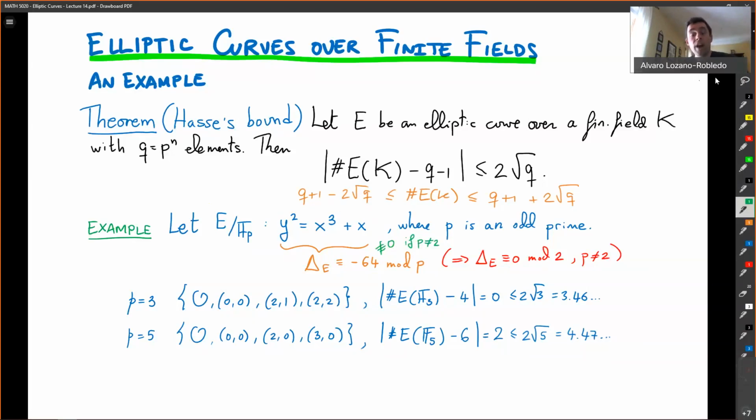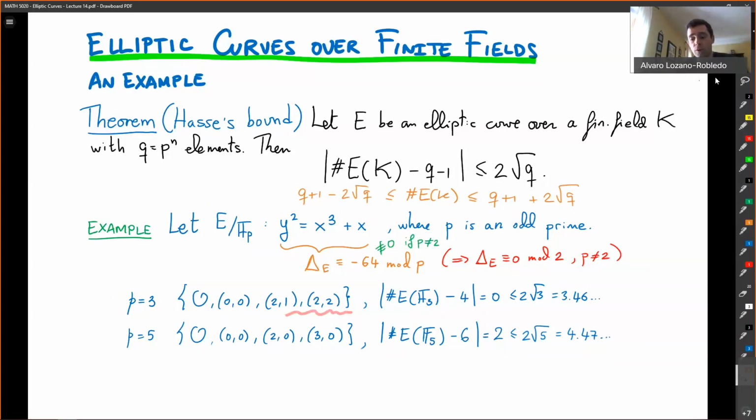So now what I'm going to do is change the prime and see what happens as I modify the prime. Here, for example, what I've done is compute for p equals 3, how many points are there? I can just check every x value and see if there's a corresponding y value. So it turns out that all the points are those.